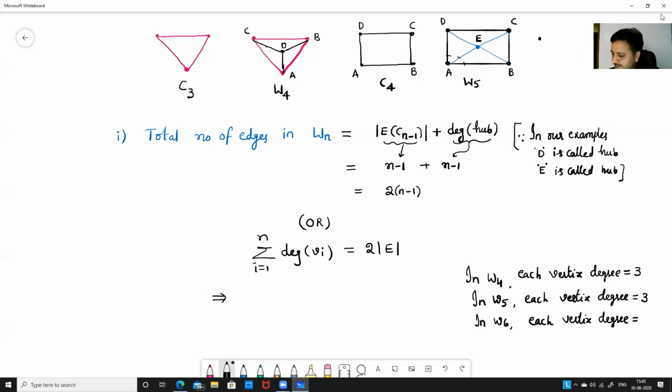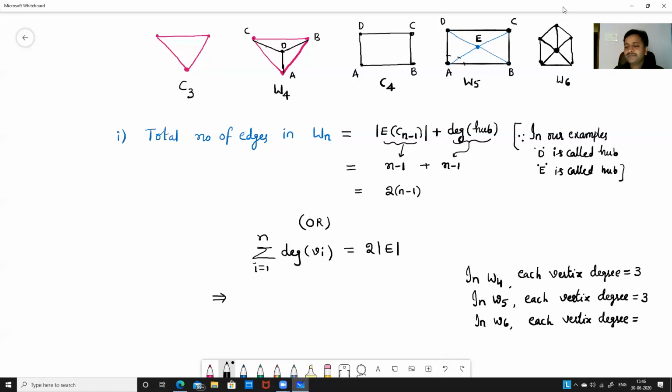W6 means we must have 6 vertices, where initially we have a cycle graph with 5 vertices. Now W6 means we have to create one hub which is adjacent to all the remaining vertices. Okay. This is called W6.